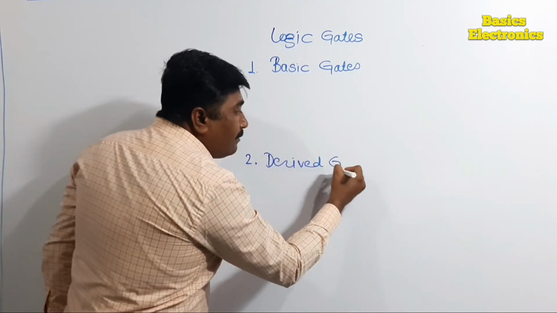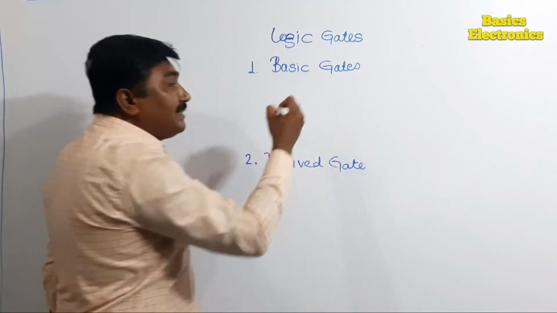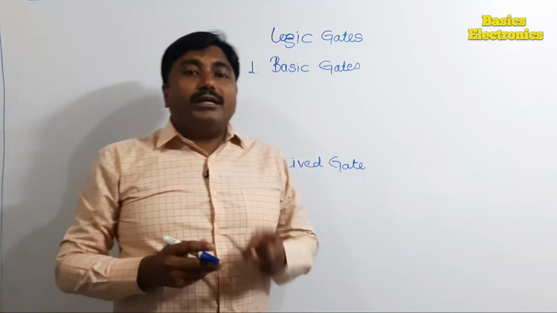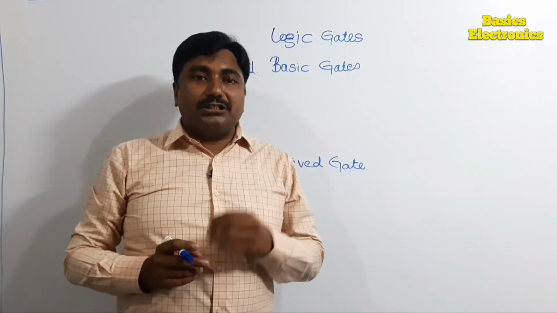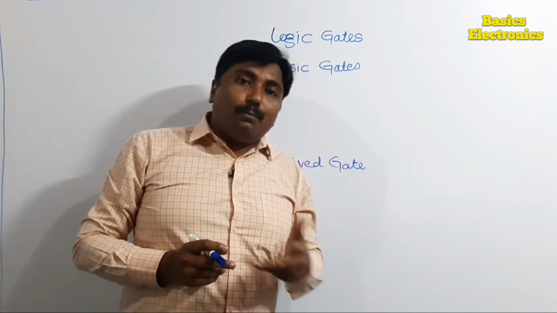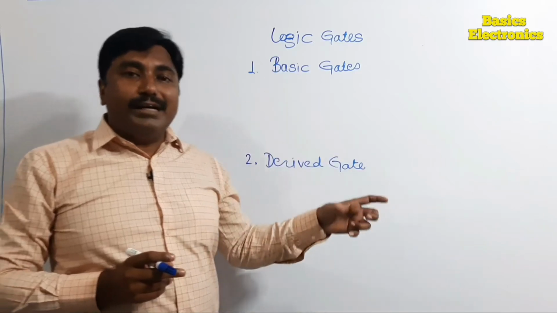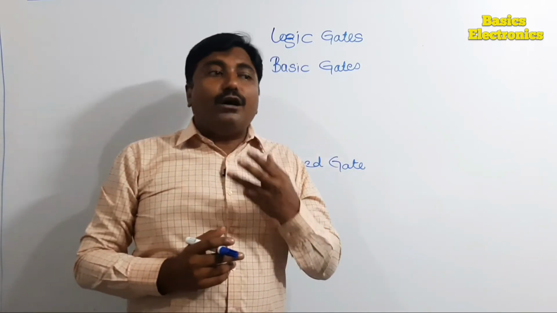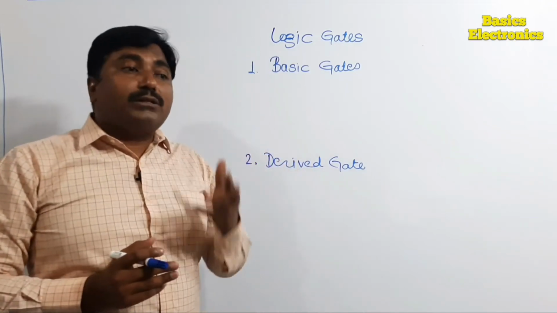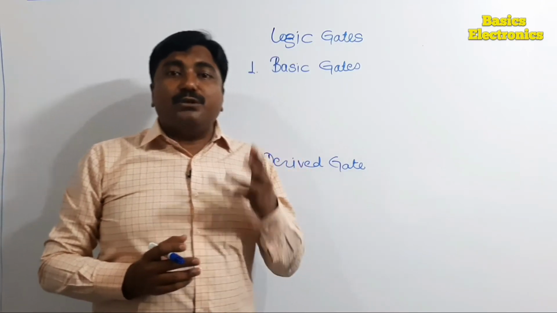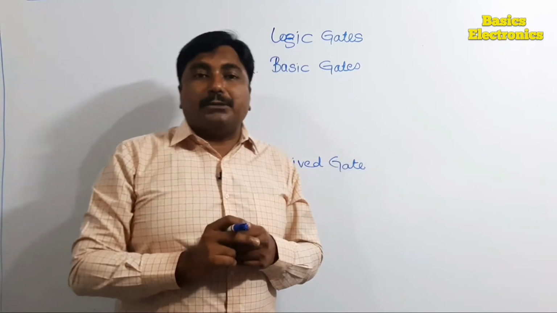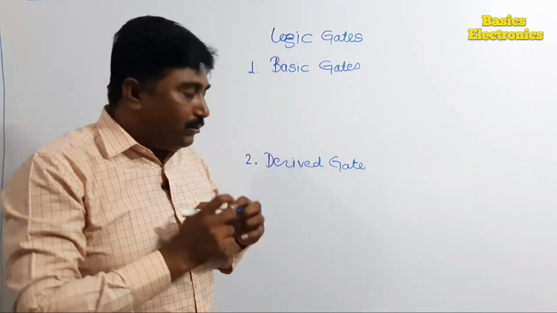For the basic gates, we have three Boolean functions, three mathematical operations given by Boolean. For the operation of these three Boolean functions, we have three operators, and these operators we call logic gates.